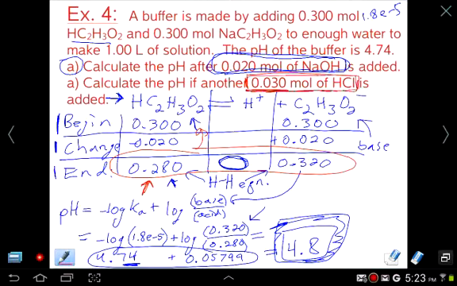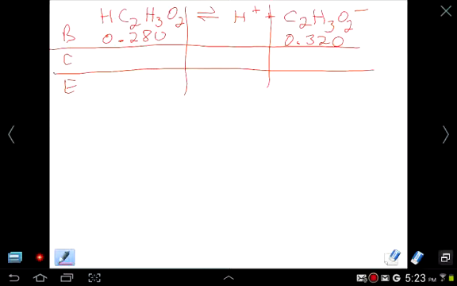Now the strong acid will actually be neutralized by the base, so 0.030 we'll have to subtract from here, because as the acid is added, the base, remember this is the conjugate base, the base is what neutralizes the acid, means the base disappears, but because of stoichiometry, we add the exact same amount of acid back to the reactant side. So in the end, this gives us 0.290, and this gives us 0.310.